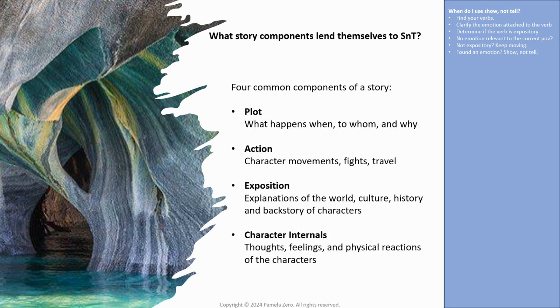Plot is what happens when, to whom, and why. Action is character movements, fights, and travel. Exposition, explanations of the world, culture, history, and backstory of characters. Character internals, thoughts, feelings, and physical reactions of the characters. These are the components of your story, and they all need to be balanced, but that's a whole other workshop. I think I've got that one coming up next as far as these videos go.